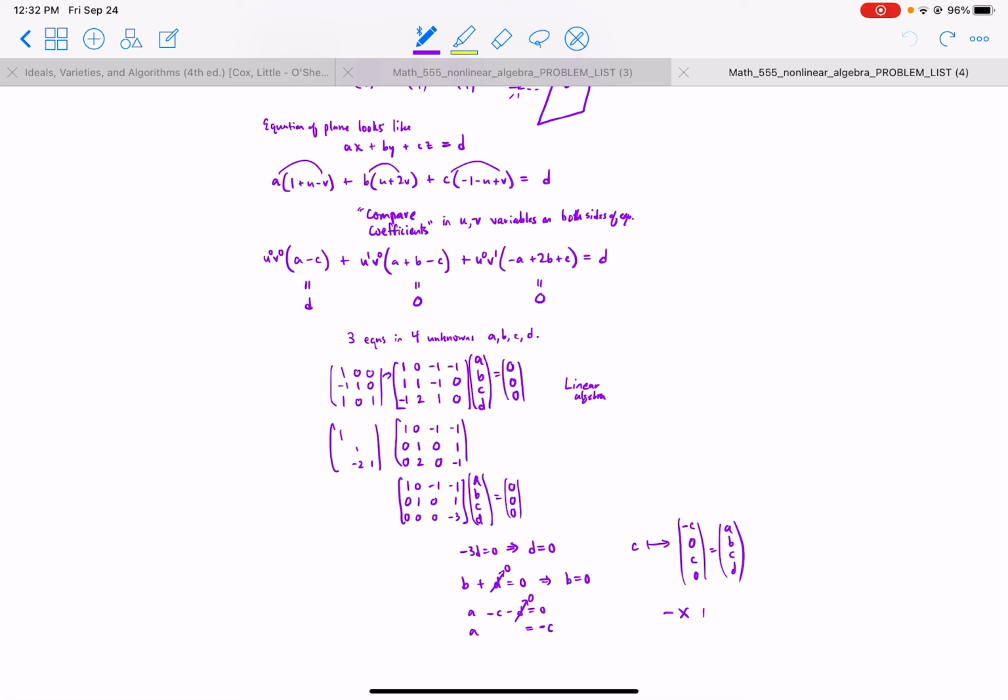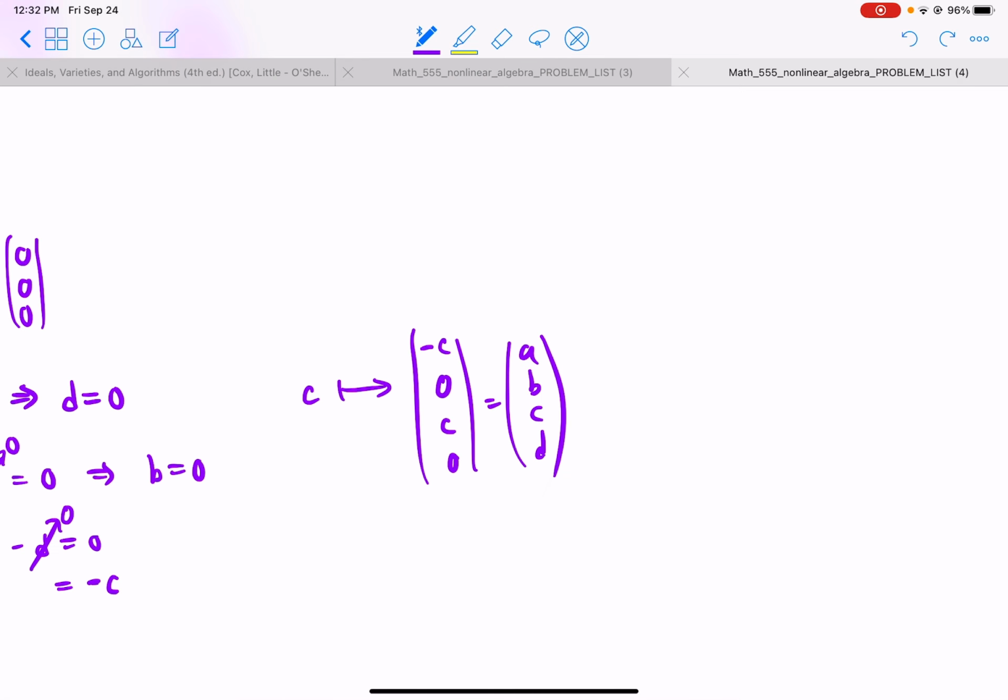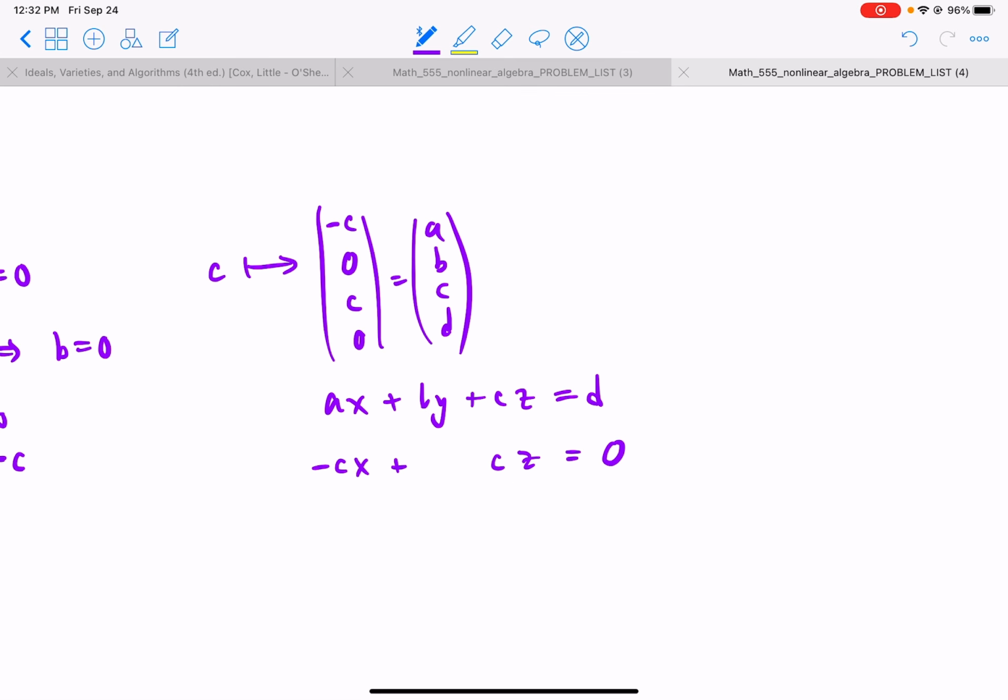Literally, what we had was ax plus by plus cz equals d. And what we're saying here is that minus cx plus 0 plus cz equals 0 for all values of c.